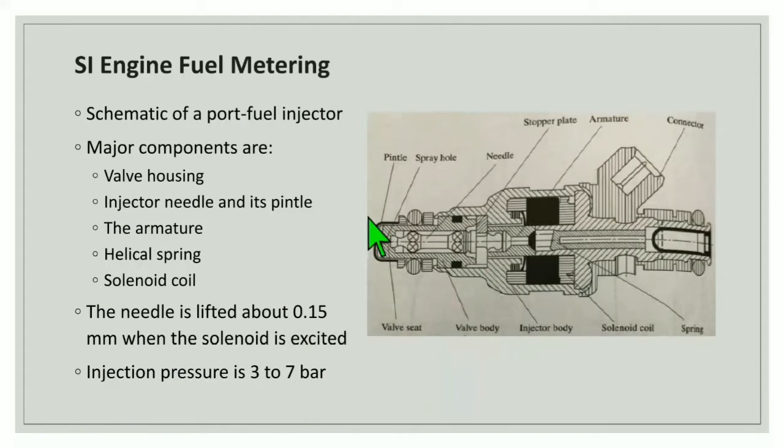And look at this schematic of a port fuel injector. Here you can see the pintle, spray hole, needle, stopper plate, armature, connector, valve seat, valve body, injector body, solenoid coil, and spring.